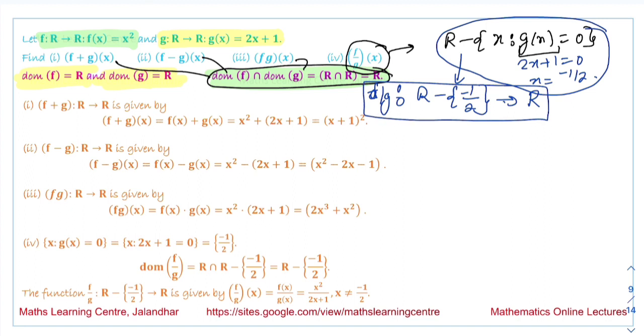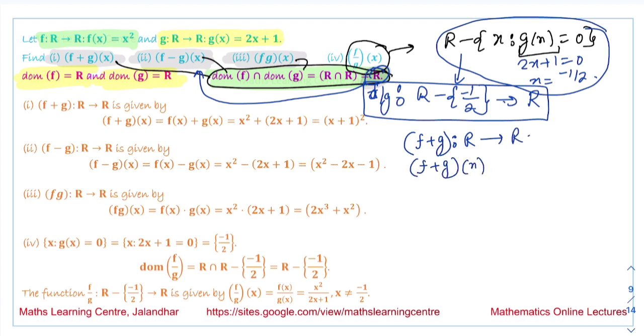The domain of all these functions, f plus g of x, f minus g of x, f into g of x, will be R. So when we are defining f plus g, the domain is R, the codomain is R, and the definition is f plus g of x equal to f of x plus g of x, and the answer we obtain is x square plus 2x plus 1.